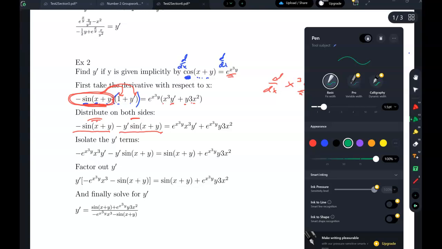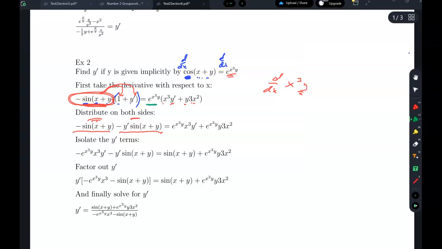Okay, let's jump over to the other side. I'm going to take e times this, so e to the x cubed y times that first term, and then e to the x cubed y times the second term. Whoa. Okay, now I can finally work on identifying where the y prime terms are. That's a y prime term, and that's a y prime term.